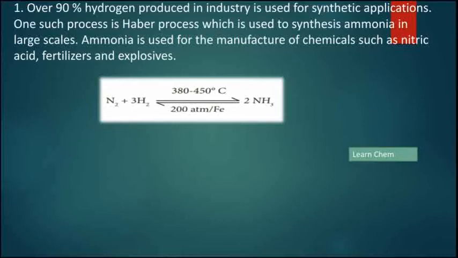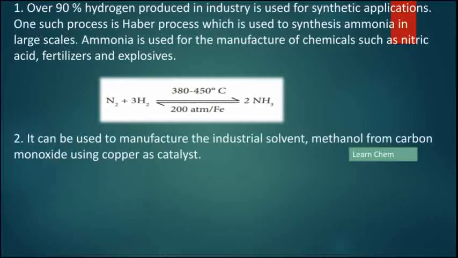So the reaction is nitrogen combines with hydrogen at 380 to 450 degrees Celsius, and the pressure for this synthesis is 200 atmospheres. Here iron is used as a catalyst for this reaction. So nitrogen plus hydrogen combines to form ammonia.